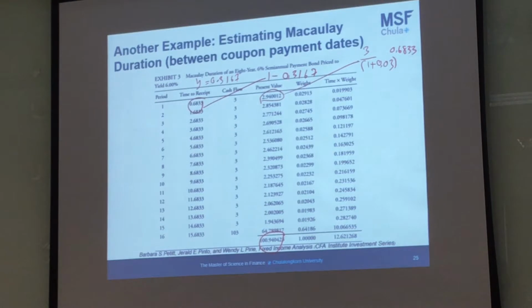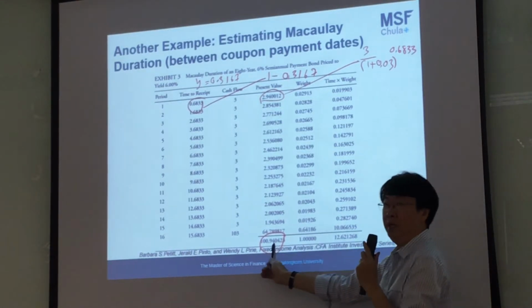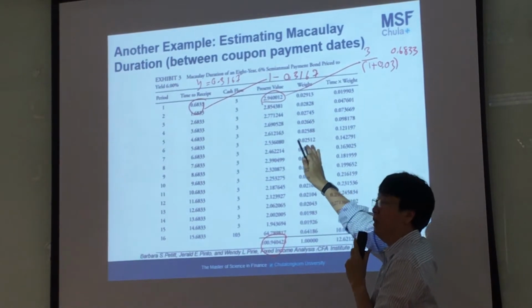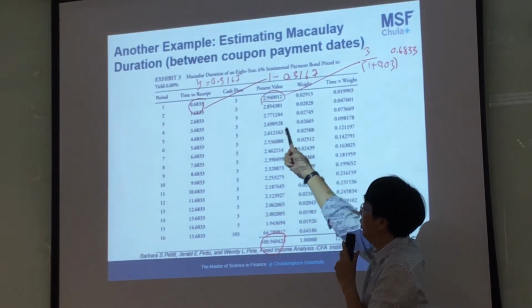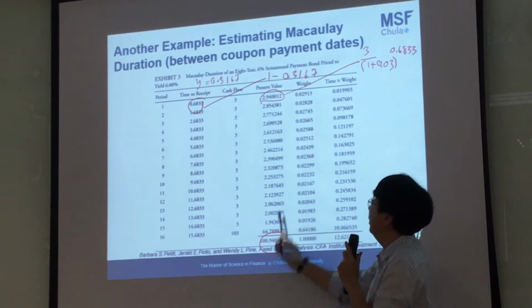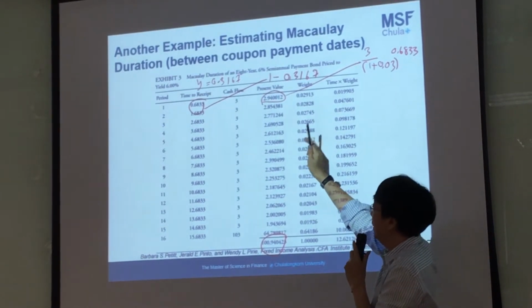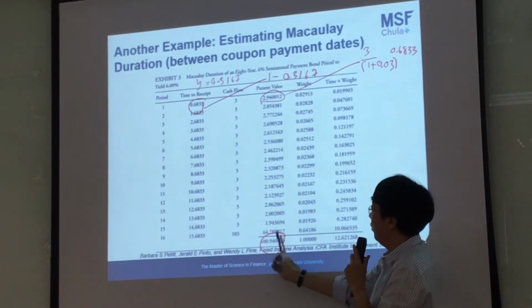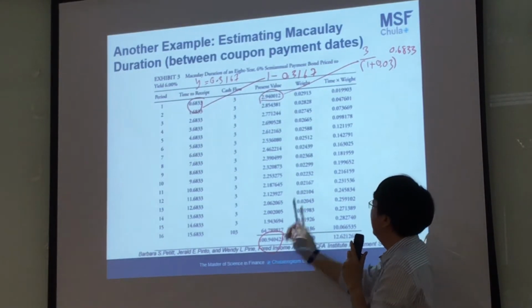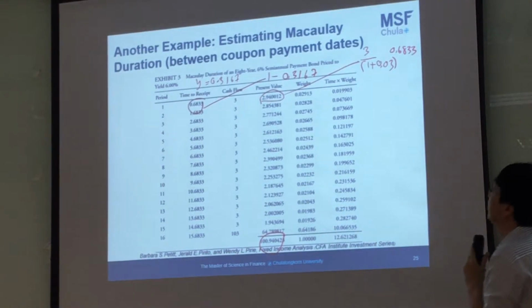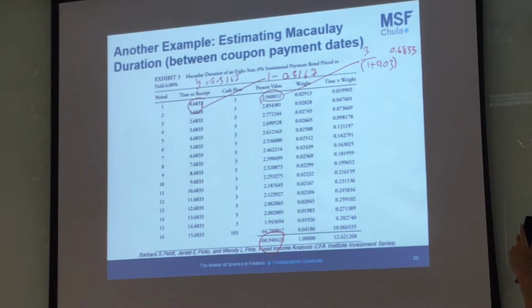And then the weight is just the same. Divide the present value by the full price here, and you get the weight. Okay, the weight is just the present value divided by the full price. And the time in this case is the time to receive, not the period.